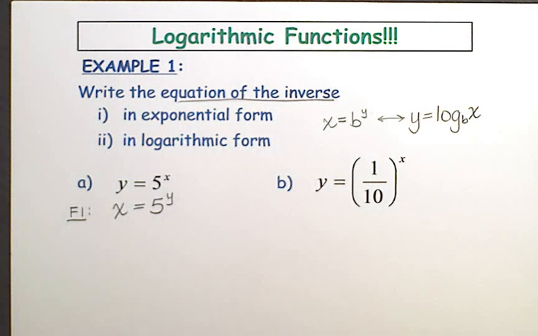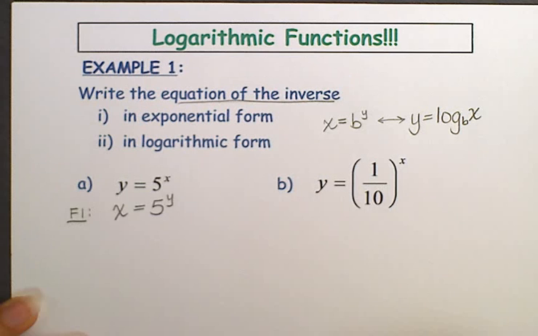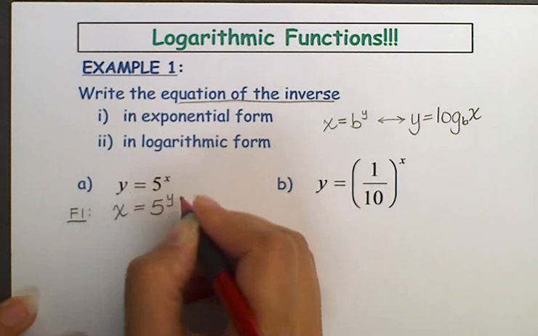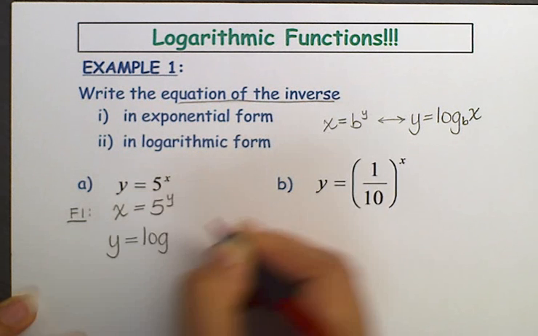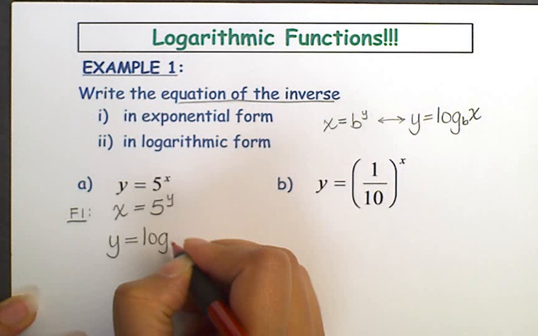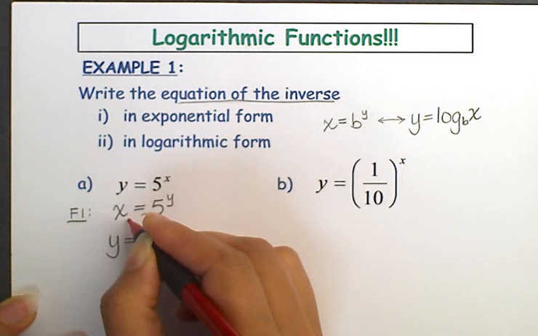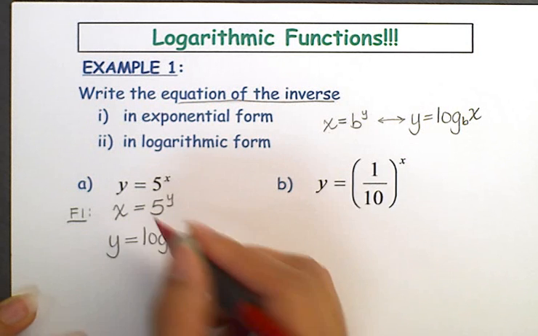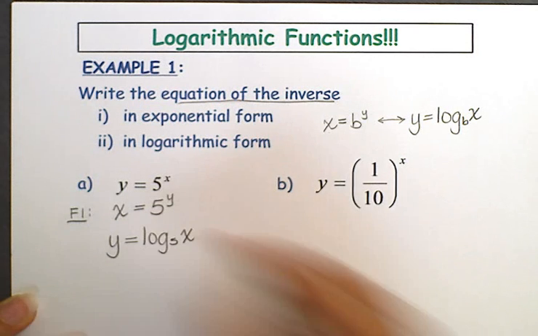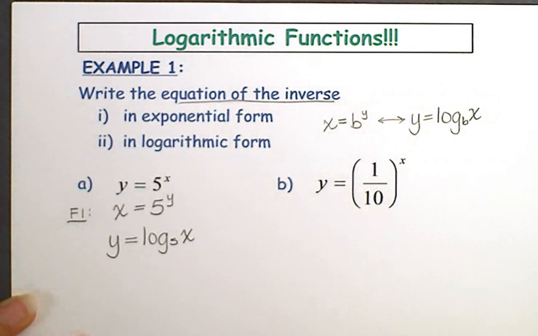Okay? So if I look at what I have here, the exponent I'm looking for is y. Log of, the base that I have is 5. And the answer that I'm going to get once I raise 5 to that particular exponent is an answer of x. So that's how you would write it in exponential form.